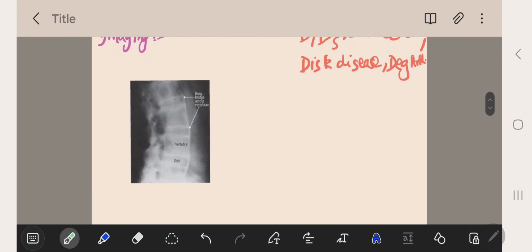You can see here on imaging that the joint space is narrowed. You cannot see the gaps in the joint space. So you can also see that this is looking like a bamboo. This is bamboo spine.